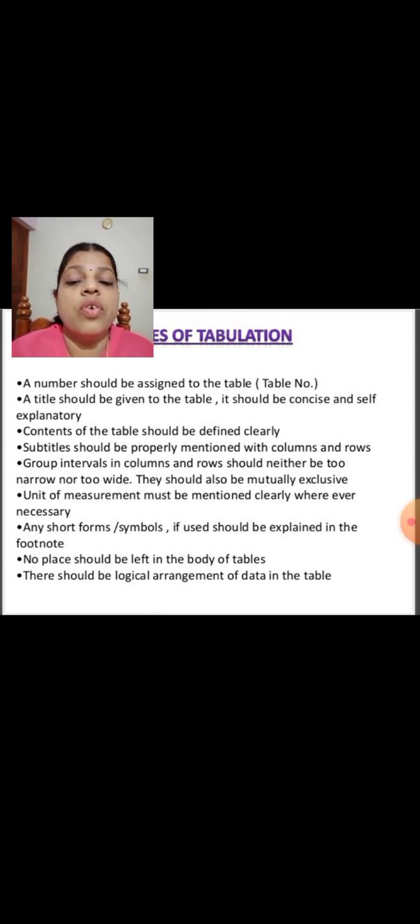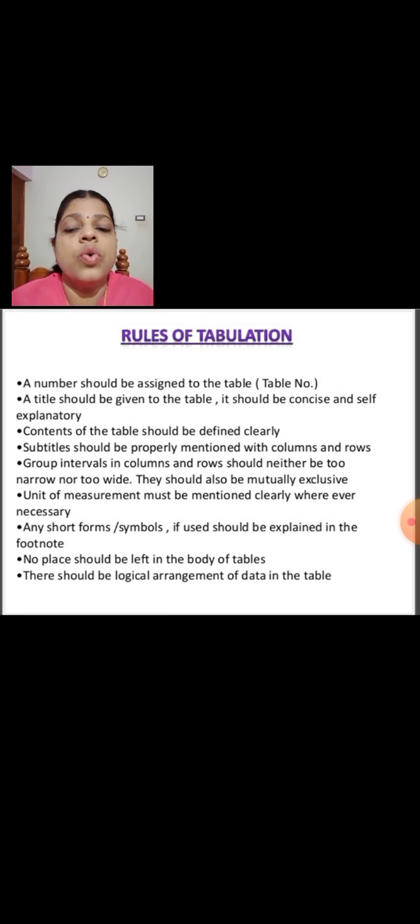The next one we have to take care of is the rules of tabulation. What are all the things that we have to take care of while forming a table? So the first rule is, a number should be assigned to the table.